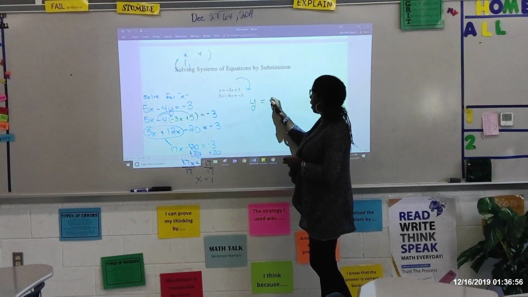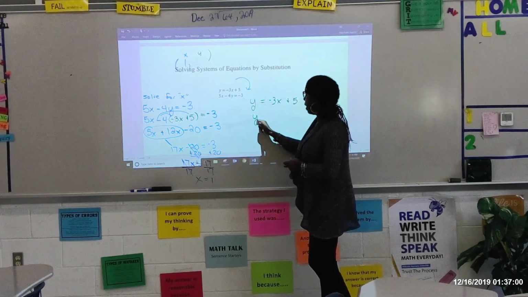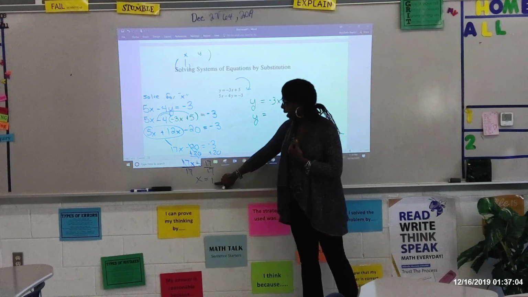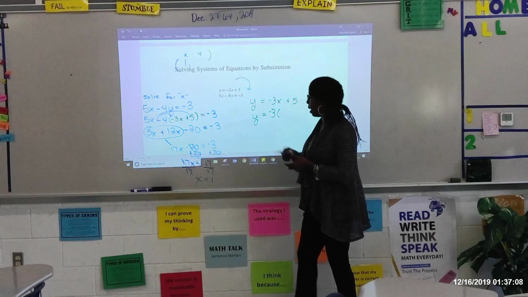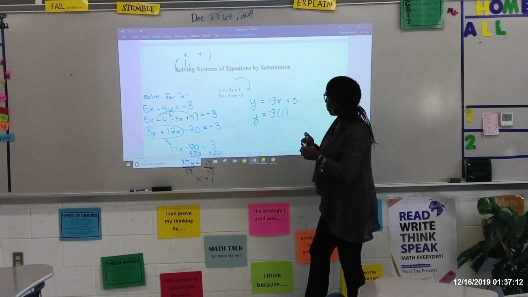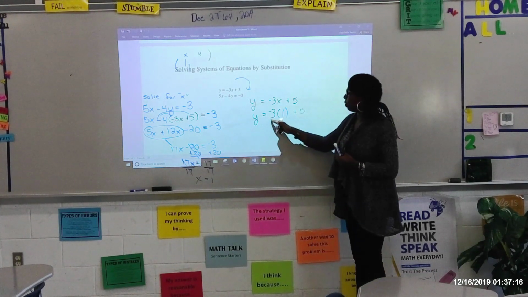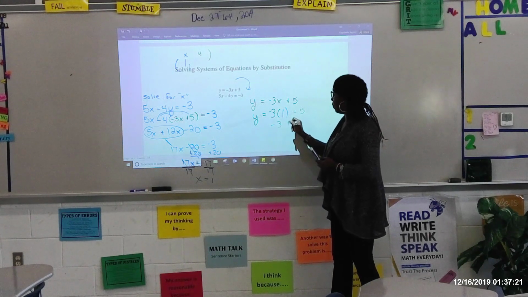y is equal to negative 3x plus 5. y is equal to, now this is where we're going to substitute our found x. Negative 3 times 1 plus 5. Negative 3 times 1 is negative 3 plus 5.